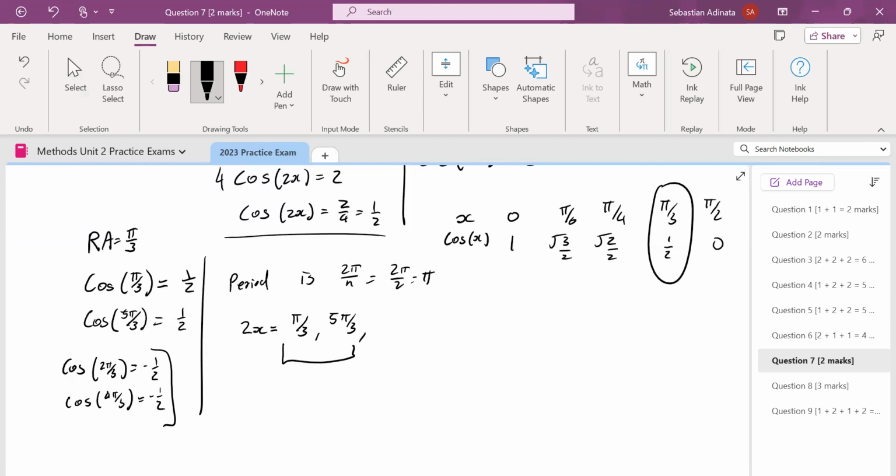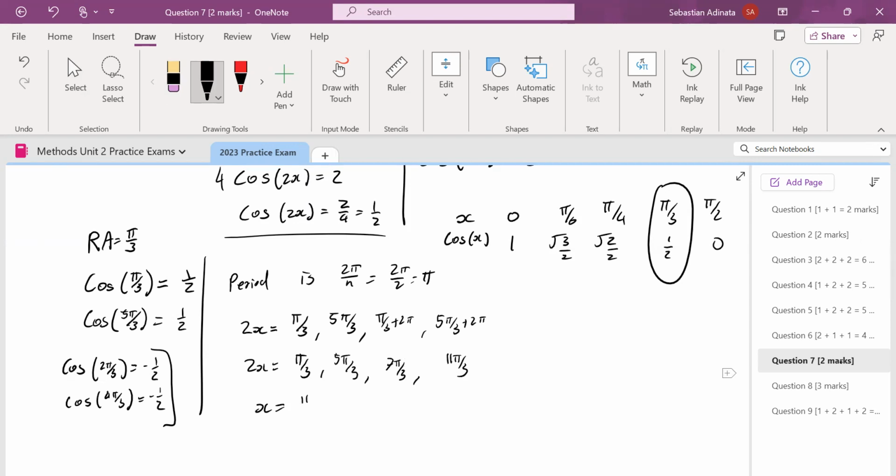This is our first cycle. The second cycle will be pi on 3 plus 2 pi and 5 pi on 3 plus 2 pi. And if we simplify them, this is going to become 7 pi on 3 and 11 pi on 3.